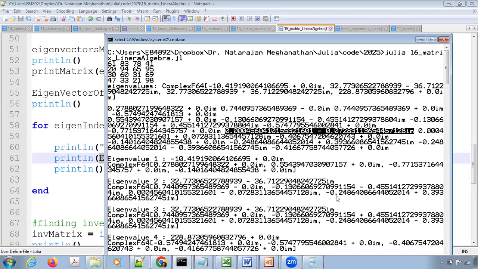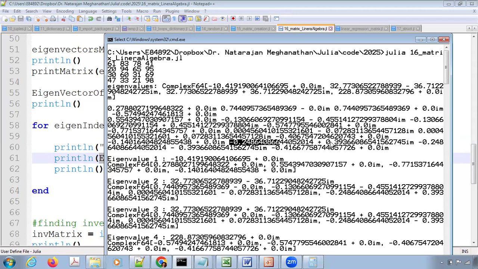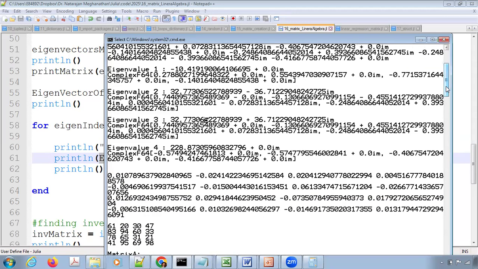And the fourth row. Okay, so this is the same here. Now in the fourth row, it's going to be this one. Negative 0.2486, which is here. This imaginary part. And then the third eigenvalue and the corresponding eigenvector corresponding to column 3 in each row, and the fourth eigenvalue corresponding to the fourth column vector corresponding to the column 4 in each row. Okay.